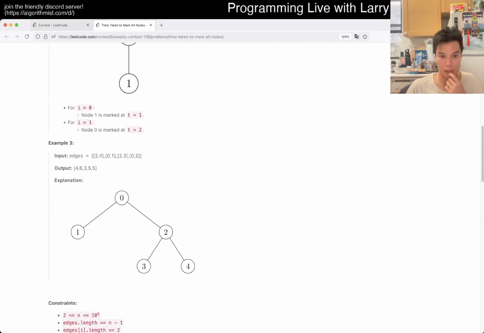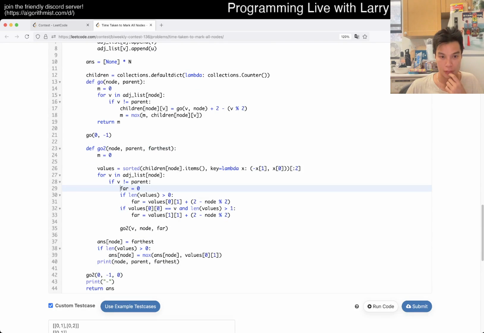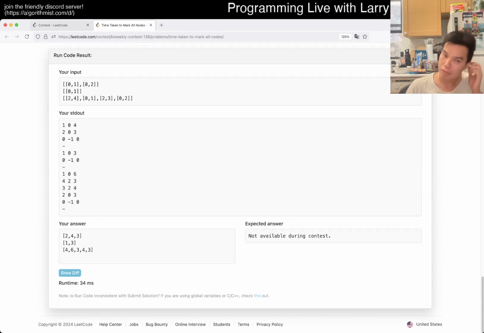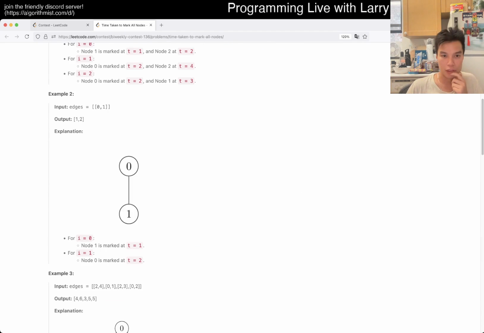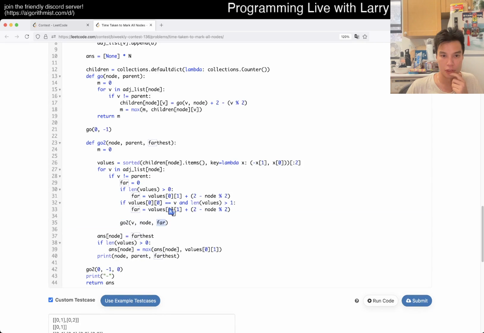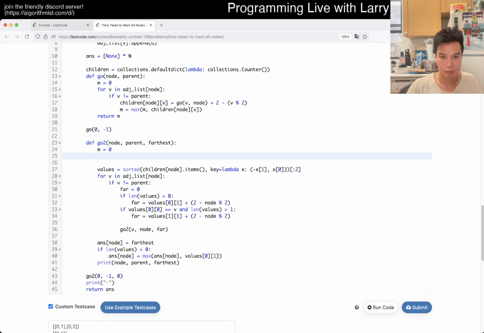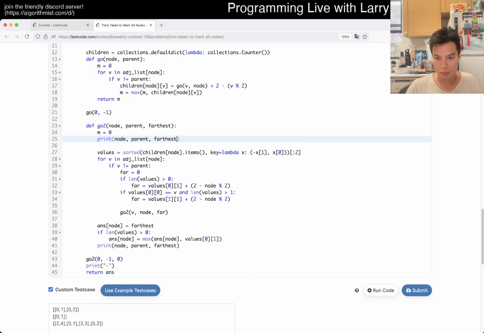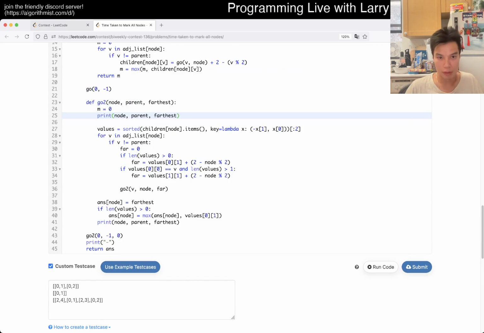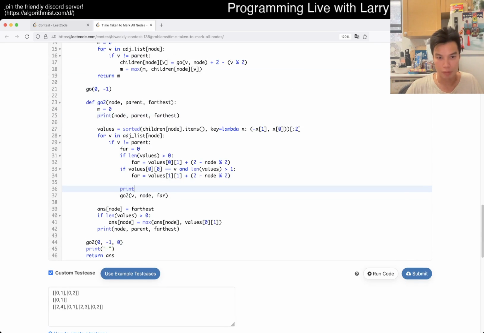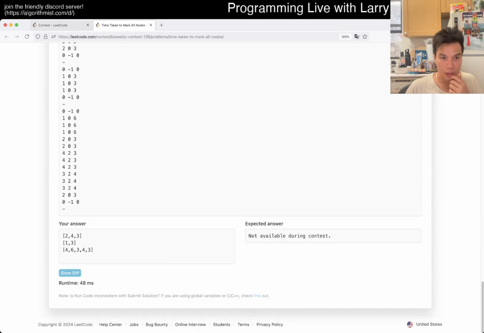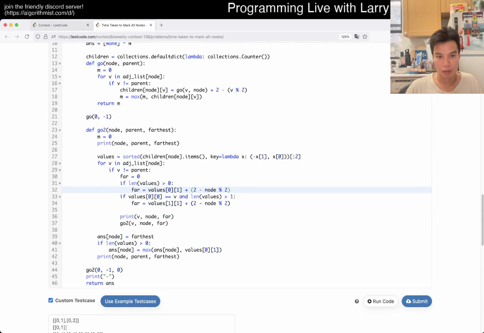So going from 0 to 1. That shouldn't be 3. 0 has no other further, so this should be 0. Right? Probably not, but yeah. Oh, because it's greater than 0.